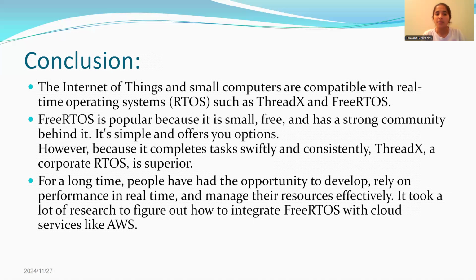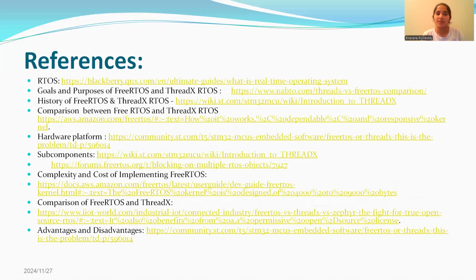For a long time, people have been able to rely on its real-time performance and manage resources effectively. It took a lot of research to figure out how to integrate FreeRTOS with cloud services like AWS. I have attached the references from where I got the information.